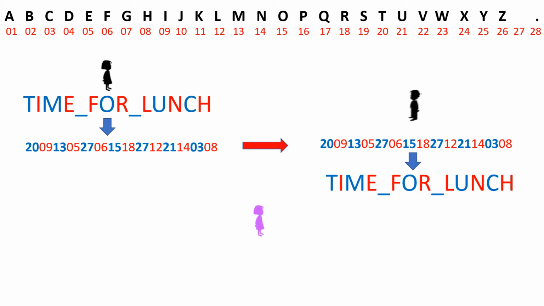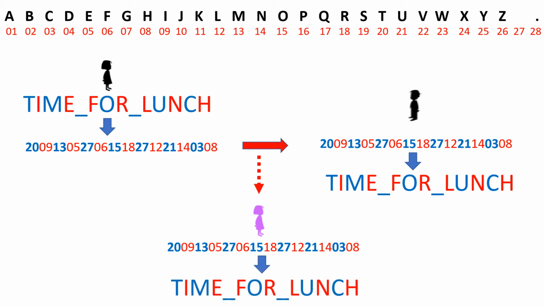But let's say that Eve just does not know about this system, then all she would be seeing is that long number and not know what it meant. But if she does know the secret, she could decode it too, right? So this isn't a real great secure system because a lot of people know about this system.